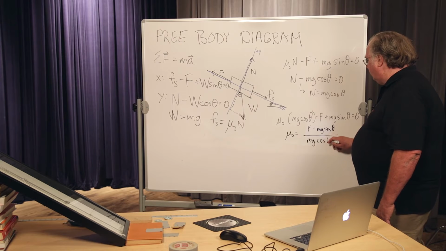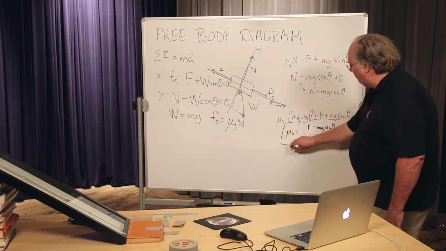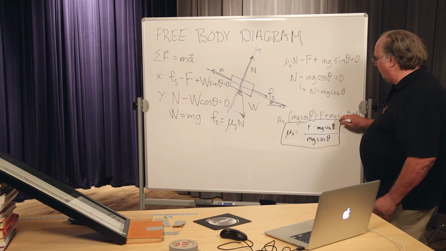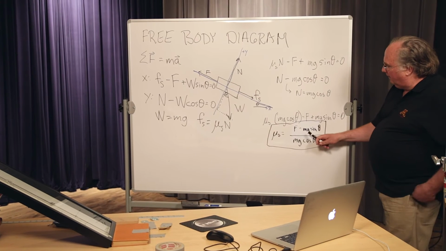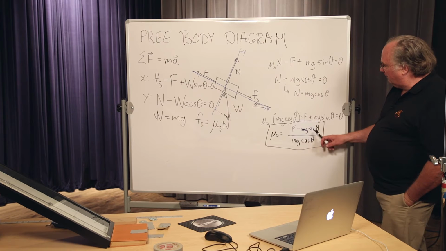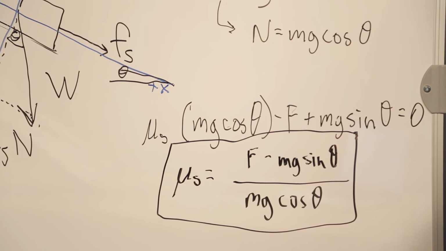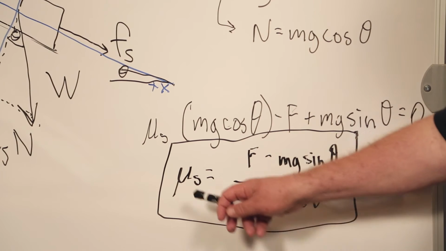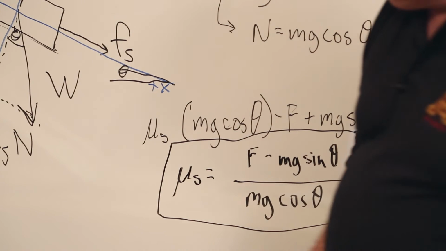And that gives me a formula for mu s, so I can use that in my analysis. All I have to know is the mass of the stuff on the cart, what the angle is, and what the force is it takes to make it move, and I will get the coefficient of static friction. Good, so we got through that.